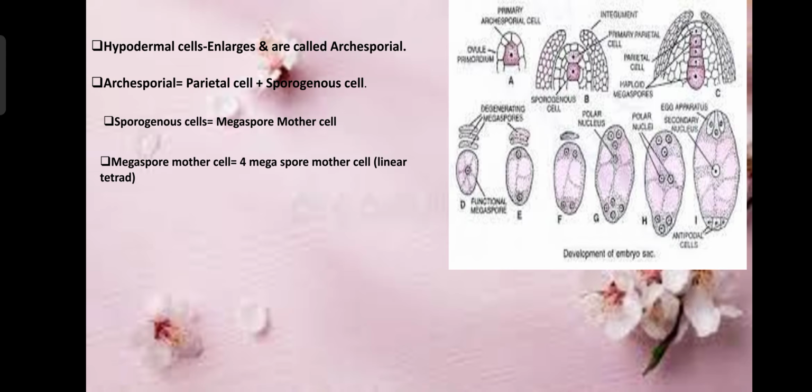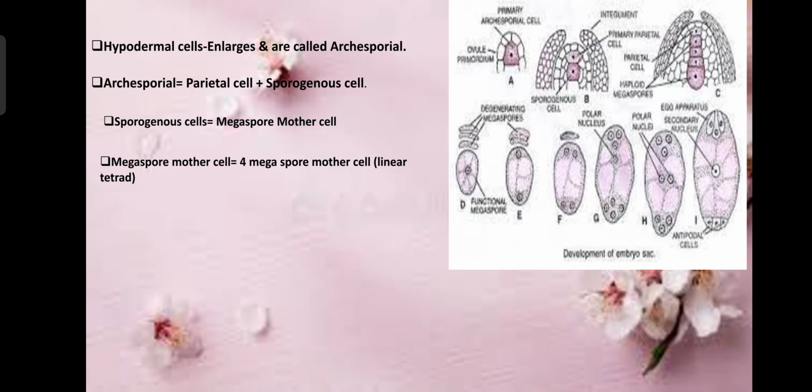Okay, so we will now just summarize what megasporogenesis is. Megasporogenesis means the formation of the megaspore from the megaspore mother cells. So the megaspores are produced only through meiotic cell division.